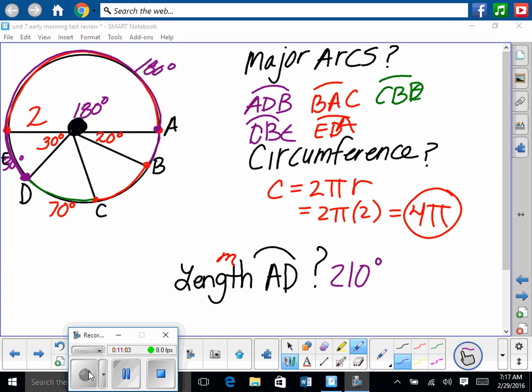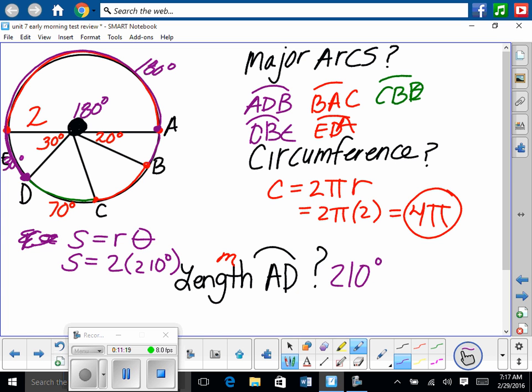So if you wanted to know the physical length, we know the length of an arc is S equals R times theta, where S stands for arc length. So we'd have S equals our radius, which is 2, times theta, which is 210 degrees. But if we're finding physical length, we can't have it in degrees, or else that's going to be in degrees. So that's why we change 210 degrees to radians.